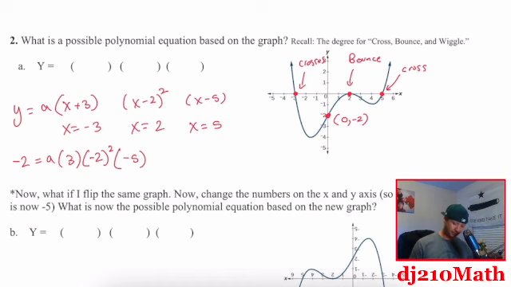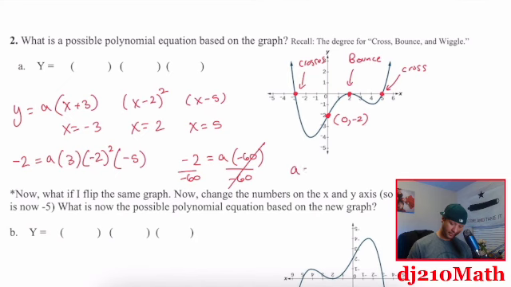Solving for a, we see that negative 2 is equal to a. Negative 2 squared is 4. 4 times 3 times negative 5. 4 times negative 5 is negative 20, times 3 is negative 60. Divide both sides by negative 60.